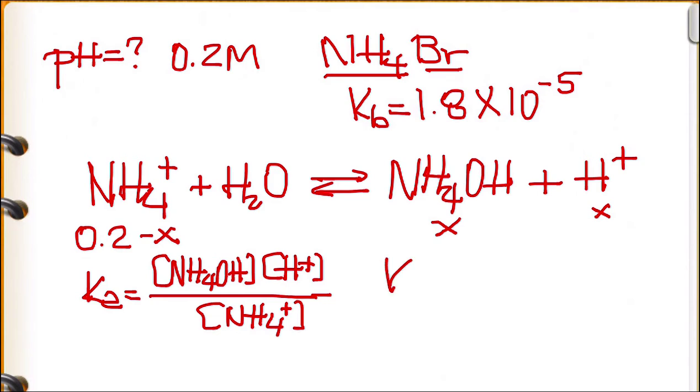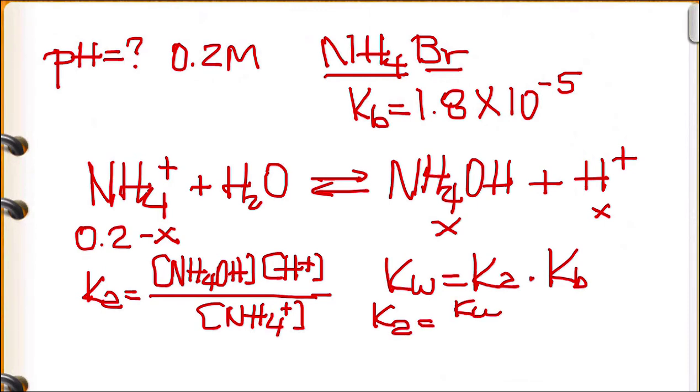We know that Kw is Ka times Kb. Therefore, we can calculate Ka equals Kw divided by Kb. Kw, we know that's a constant, 10 to the negative 14, and the Kb is 1.8 times 10 to the negative 5.